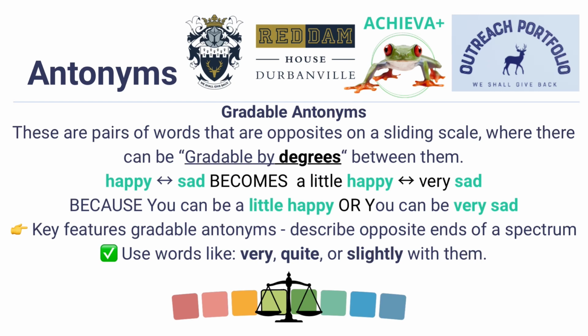Because you can be a little happy or you can be very sad. Key features for gradable antonyms include that they describe opposite ends of a spectrum. Use words like very, quite, or slightly with them.